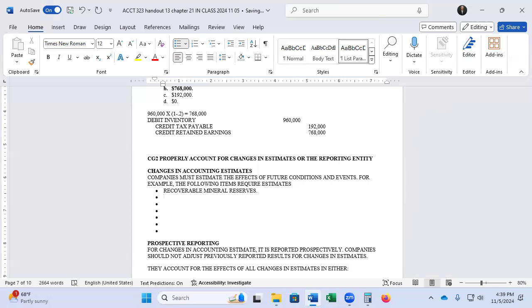We use estimates for a lot of stuff, right? Do we estimate anything in the cash account? Think about your accounts. You've got cash. No, we don't estimate anything in cash, right? What about accounts receivable? All right, so we have bad debt expense or uncollectible receivables. What's next in our line of current assets?